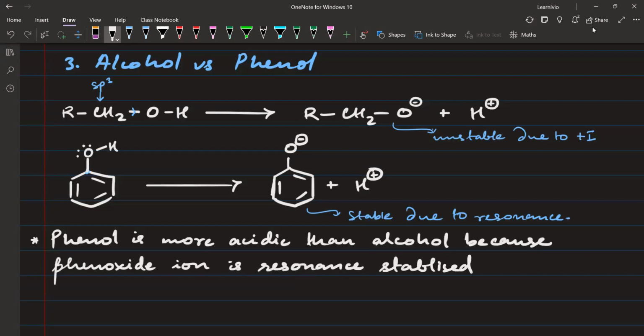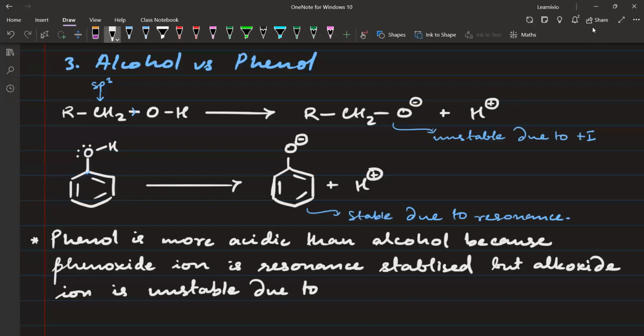Now this is more important rather than the next line that I'm going to write regarding the alkoxide ion. Phenoxide ion is resonance stabilized, but alkoxide ion is unstable due to plus I effect of alkyl group, R group.